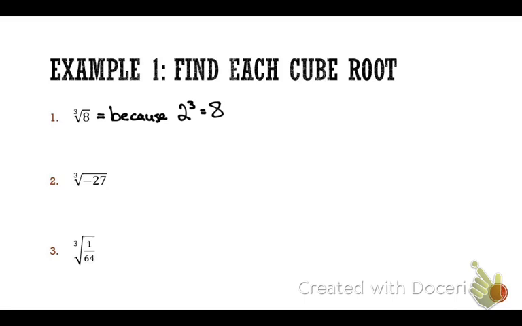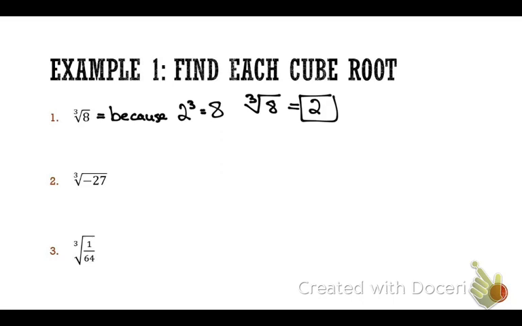Then the cubed root of 8 has to be 2. Because 2 to the third power is 8, and 8's the number underneath this radical, that means the inverse is true. The cubed root of 8 is 2. Hopefully when we do a couple more, that'll start sinking in a little bit more. Just try to follow along.